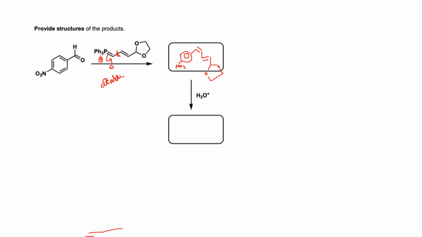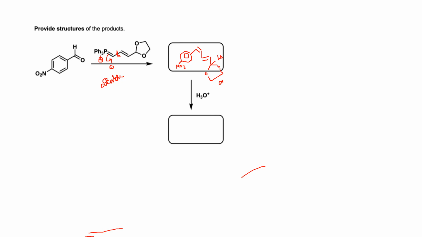Now it's an acetal. You can see this is a ketal type of... sorry. This is an acetal because there is an H. This group is called an acetal group.